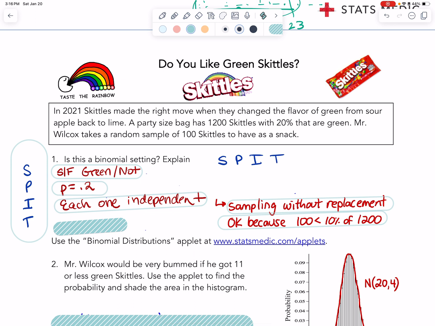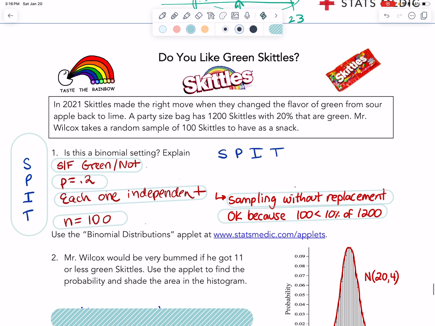Only if my sample is less than 10% of my population am I okay with calling it independent. So 100 is less than 10% of 1,200, because 10% of 1,200 is 120. So it's okay, it can be independent. Trials is a set number, we're doing 100, so we're set and we're okay.